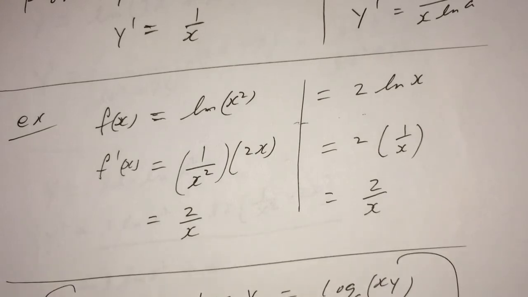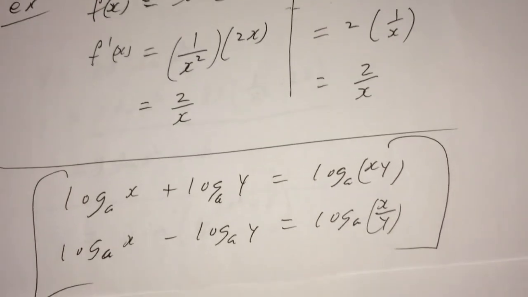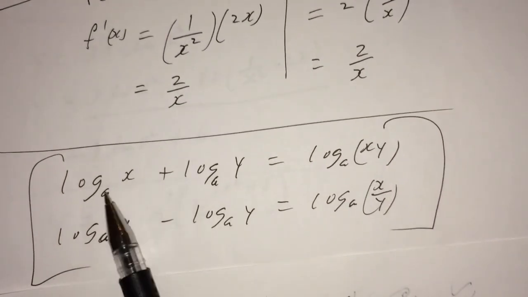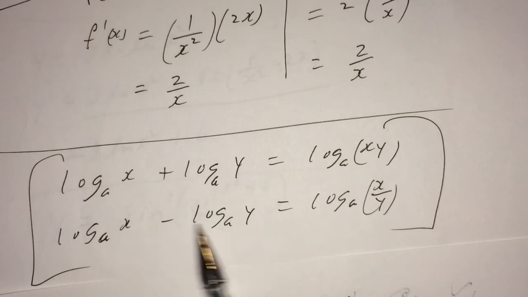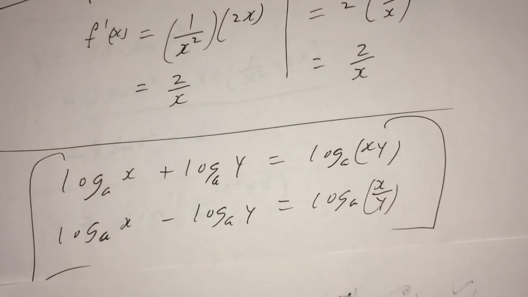Okay, and let's recall some of these log rules here. The sum becomes a product, and the difference becomes a quotient.